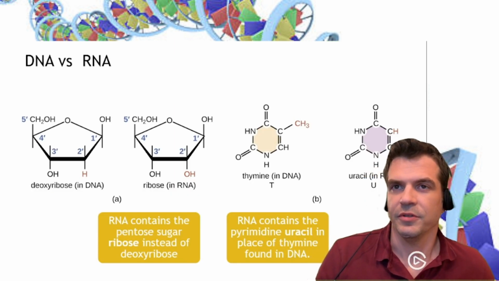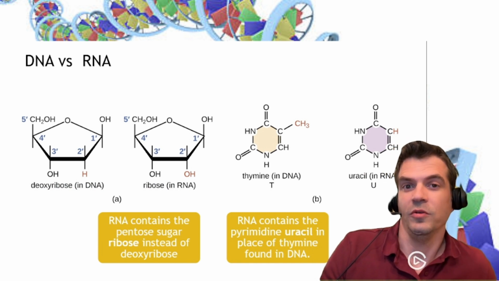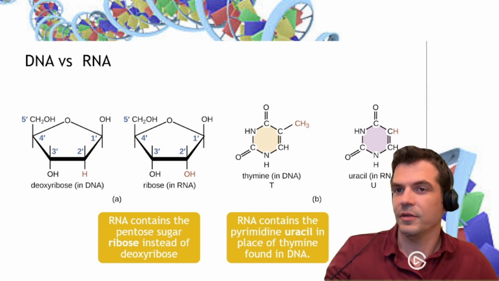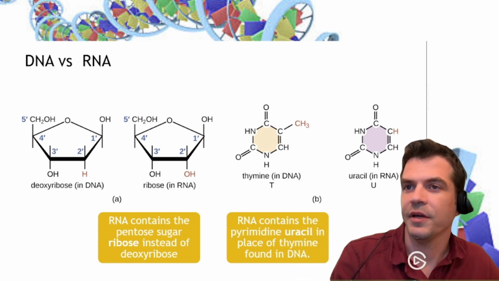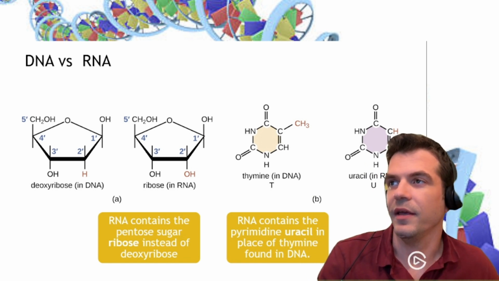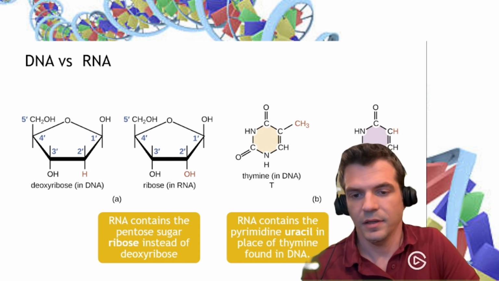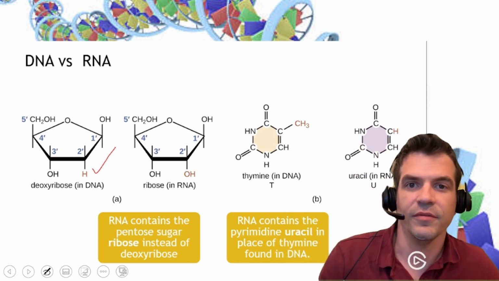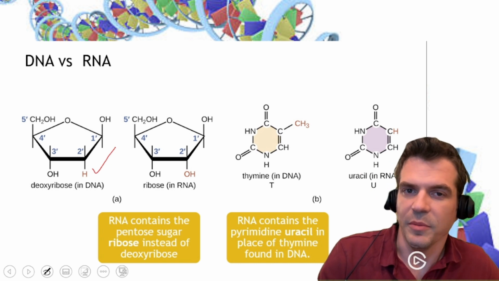So first things first, when we discuss RNA versus DNA, we're almost talking about the same stuff, but we're not quite, okay? So if you look up here in the figure, you can see that we have a deoxyribose, like in our DNA, and it is named rather cleverly, DNA, deoxyribose.